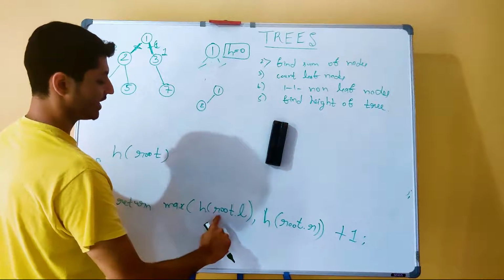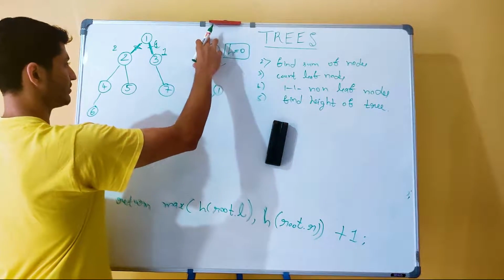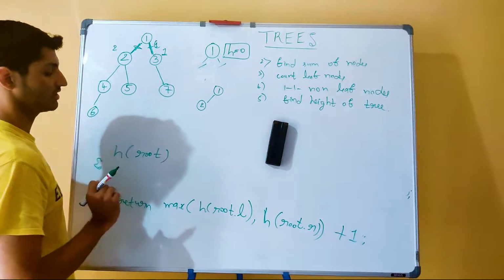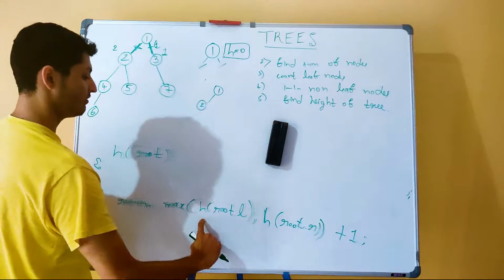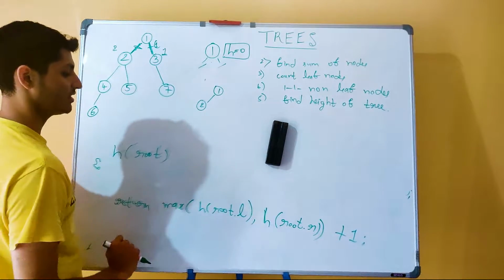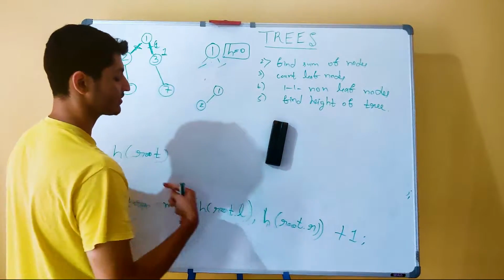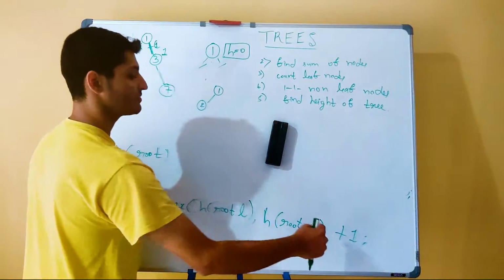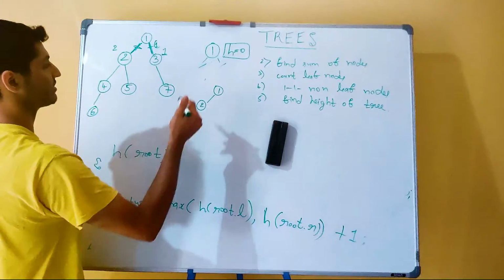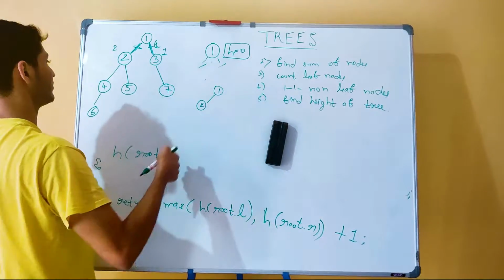So for a single node, its left subtree side would be -1. Similarly, its right subtree side would be -1. Maximum of -1 and -1 is -1. -1 plus 1 is 0. So height of this tree is 0.